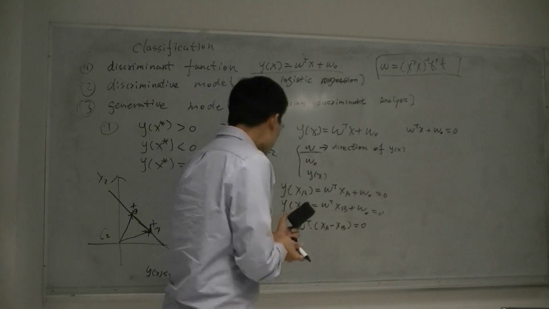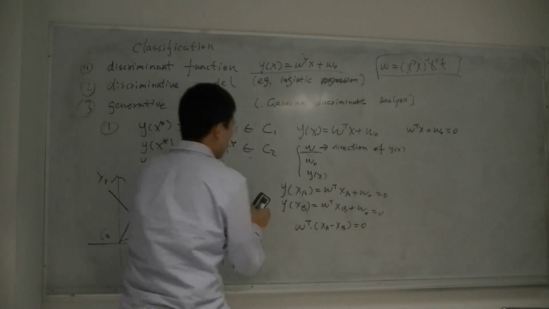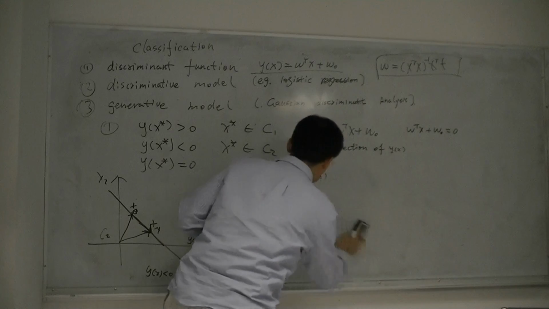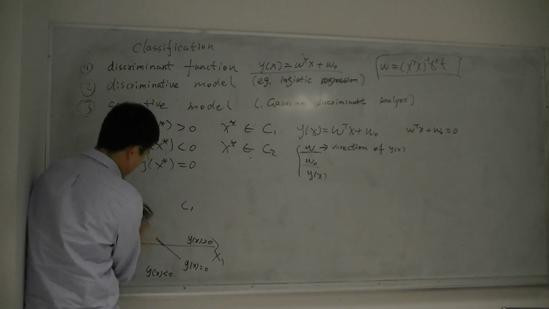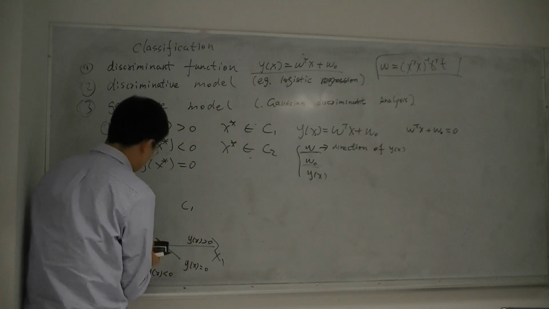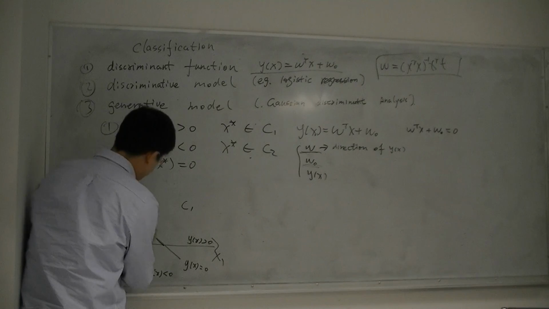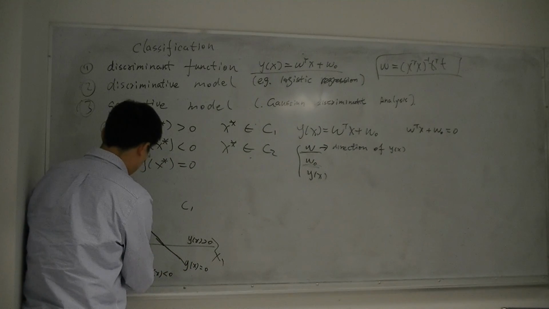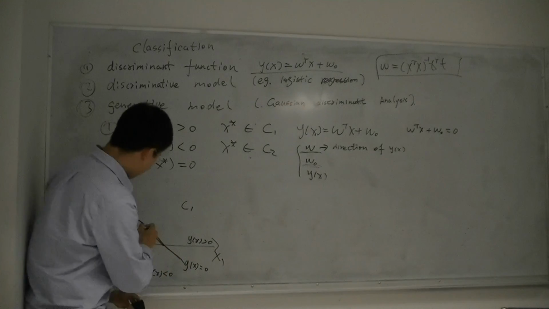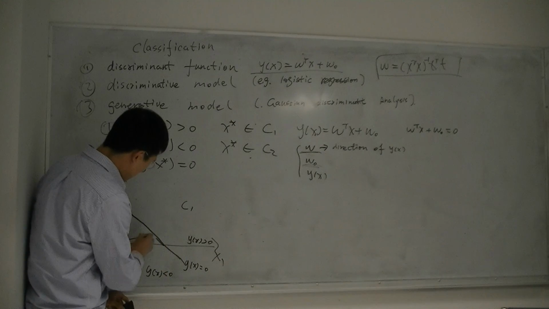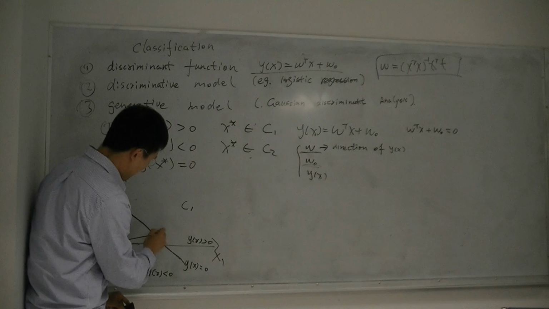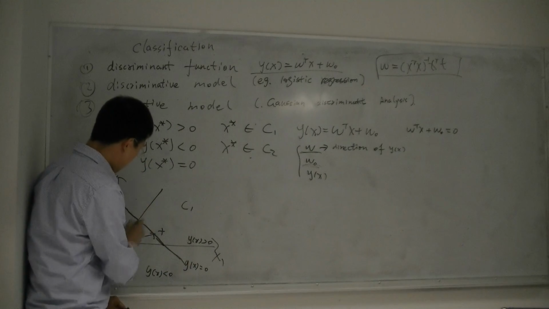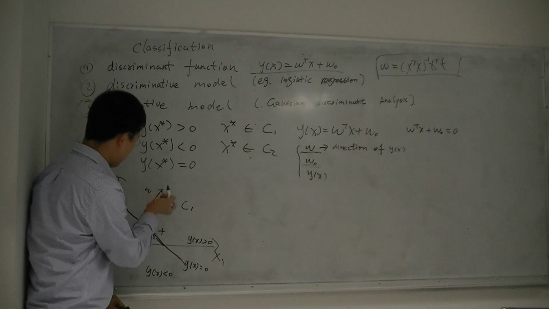So let's take a second look. What is omega 0 here? Suppose we have a vector x on the classification boundary, and here is the vector of omega.